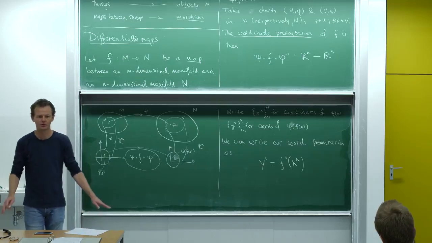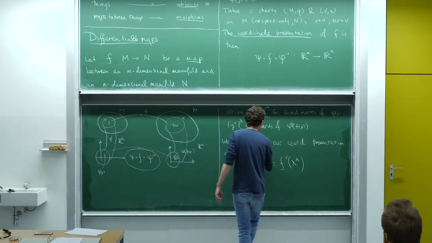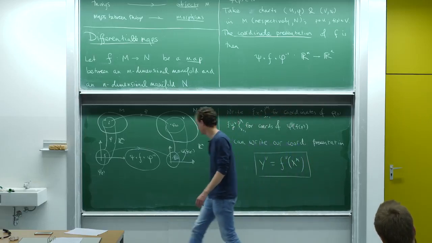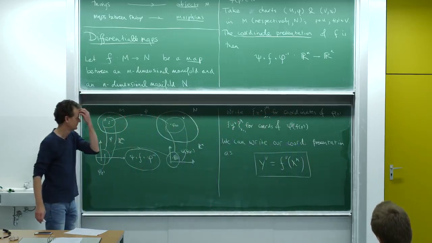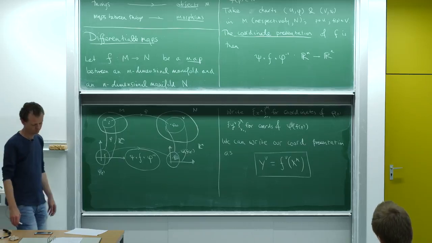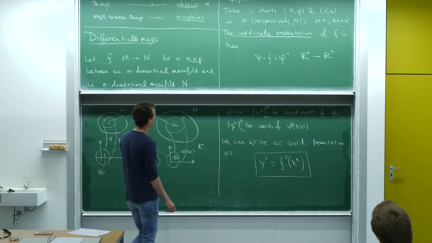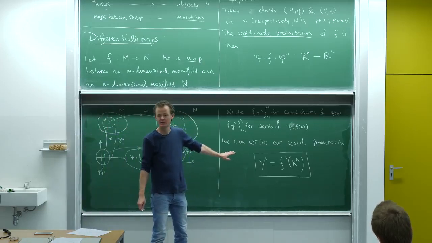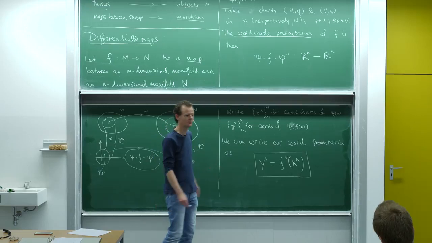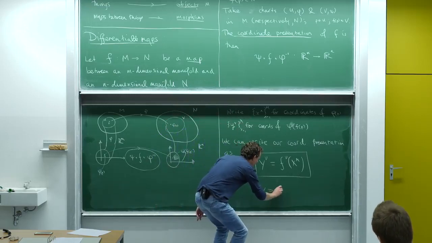Hopefully this makes you think of ordinary vector-valued functions, because that's exactly what it is. And because we tend to suppress indices in differential geometry, I'm almost certainly going to end up writing it like this.